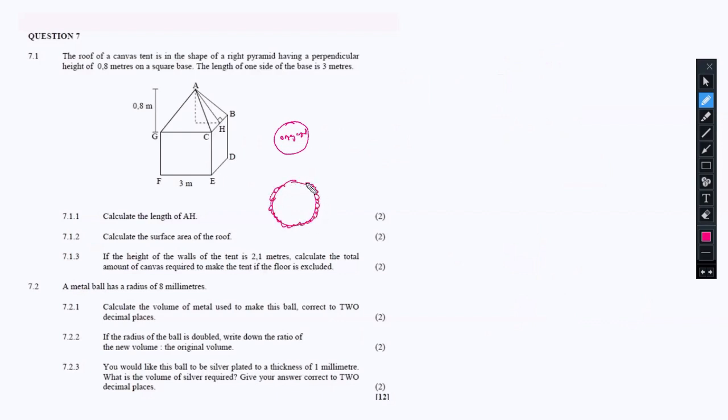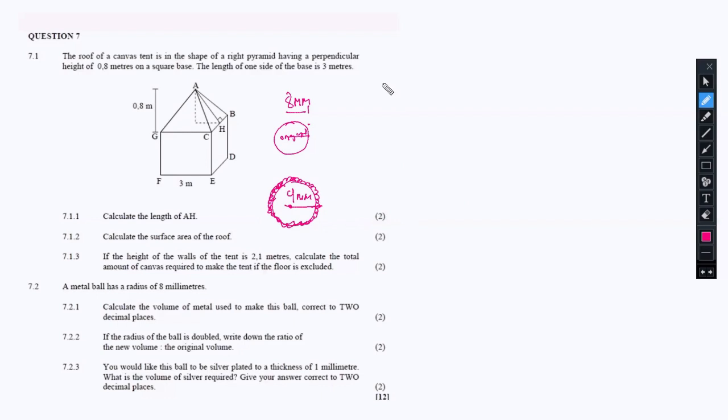Remember, if you plate the ball, you are actually increasing the diameter and radius of the ball. So that means this one had a radius of 8 millimeters. Now, if you are plating this to a thickness of 1 millimeter, meaning the radius, from the circumference all the way to the center, is now going to be 9 millimeters, because now there's the 1 millimeter thickness of the covering of silver.